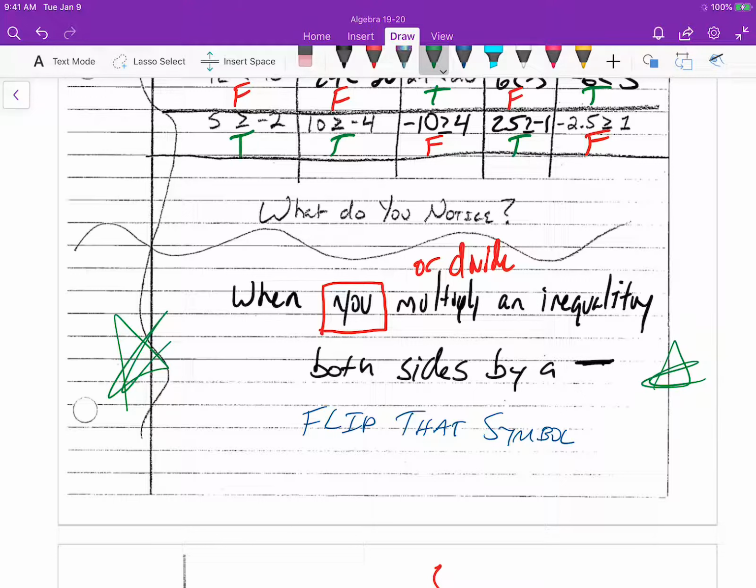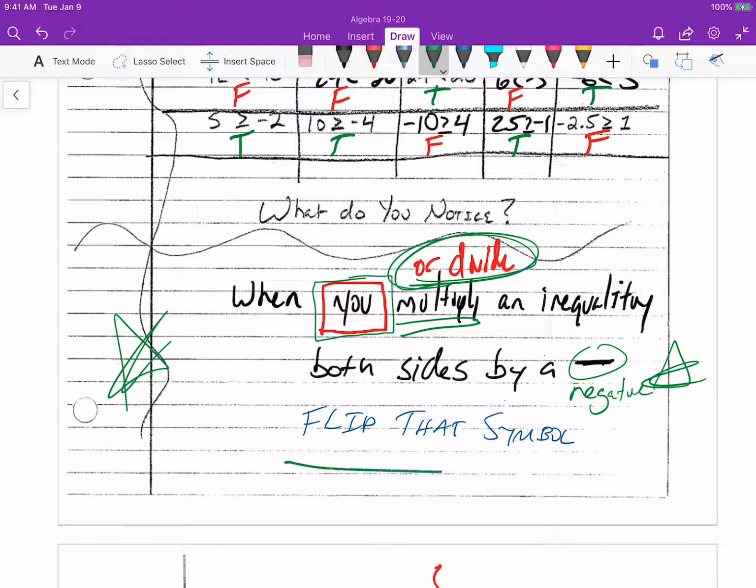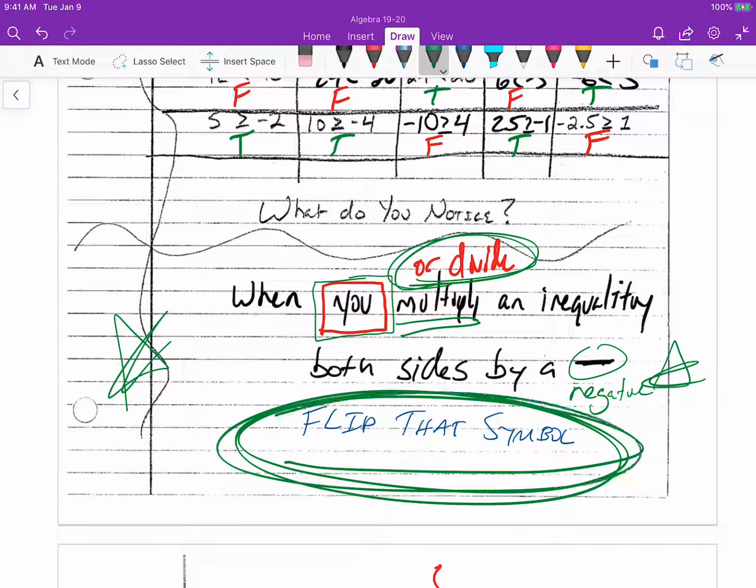Whenever you multiply or divide, notice it doesn't say addition or subtraction, when you multiply or divide an inequality, both sides by a negative, you have to flip that symbol.